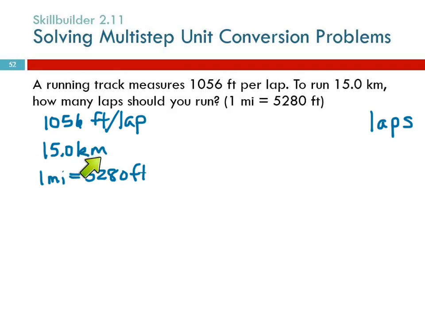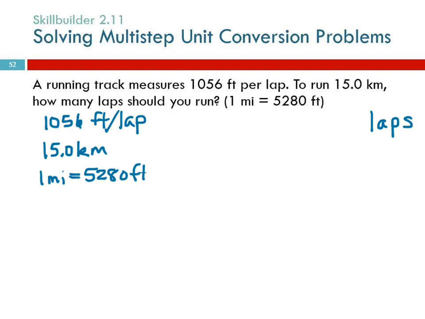15 kilometers. Well, relationship between what? Does it tell us a relationship between other units? It just says 15 kilometers, right? Just a single unit. So that doesn't look like it's going to be promising as a conversion factor. What about this feet per lap?